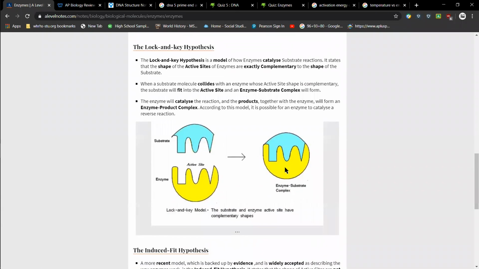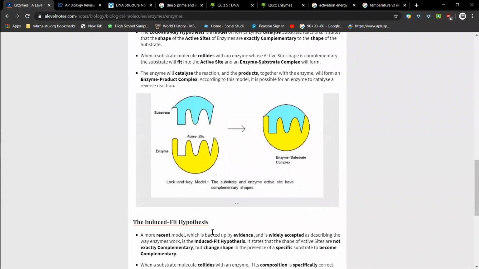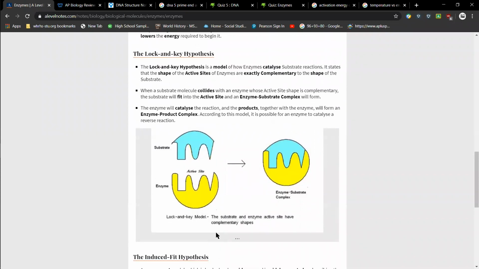So now let's go into, a little bit more advanced, two hypotheses, the lock and key hypothesis and the induced fit hypothesis, on how the enzyme and the substrate really bind in the active site. In the lock and key hypothesis, the enzyme and the substrate fit like a lock and key.